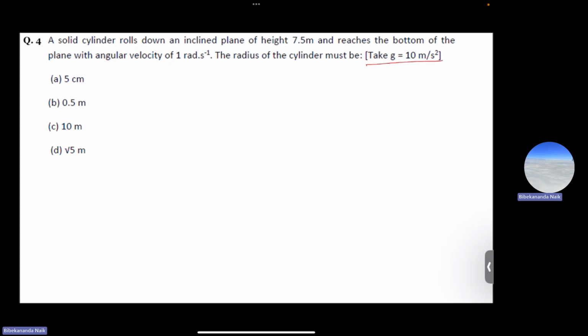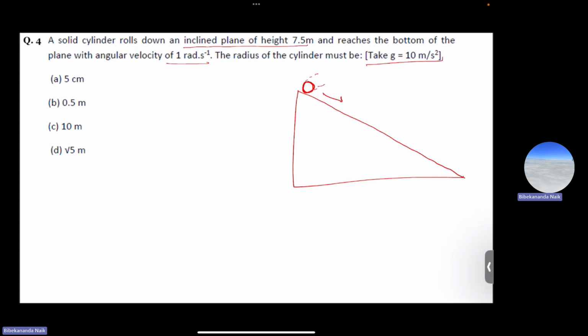The question says it is an inclined plane of height 7.5 meter, and it reaches the bottom of the plane with angular velocity of 1 radian per second. The radius of the cylinder must be. This question is like the question we were solving a few minutes before. That was the case of a sphere. Here it is a solid cylinder. If you look from the side, it will again look like a sphere.